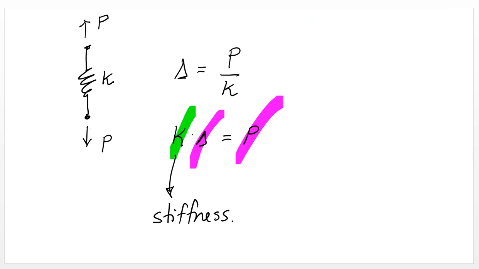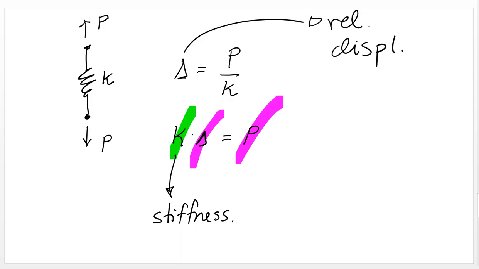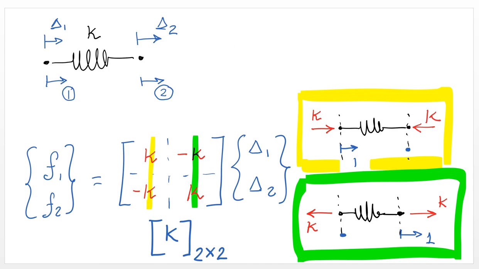So if you want to create a relative displacement, delta, between the 2 points, you have to apply a force P equal to K times delta. We all know that. And so how do we apply this idea to determine the stiffness matrix of a spring?